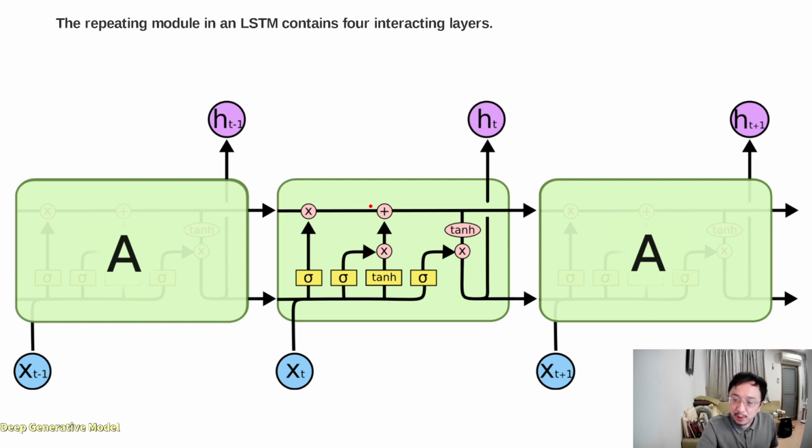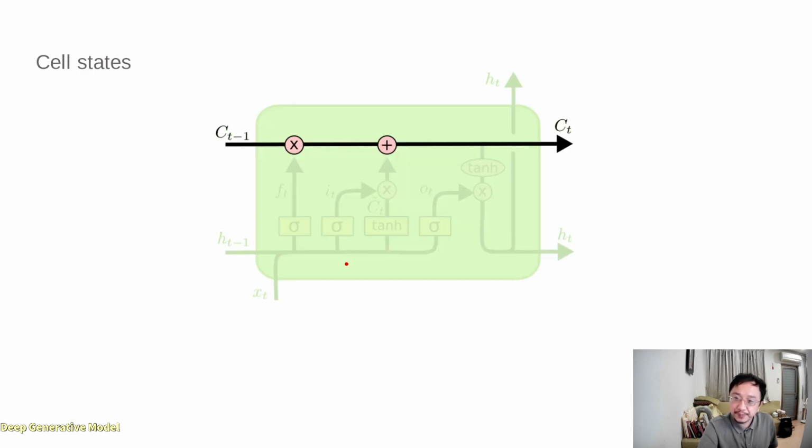So we are going to focus on the long-term memory, which we will call the cell state. This is actually the cell state right here. In order to understand this computation graph, we focus on the long-term memory, which is the cell state, equal to C.